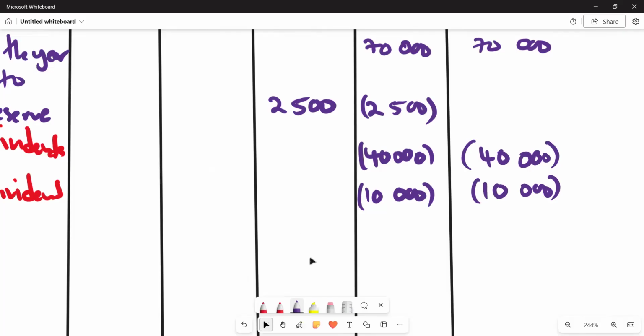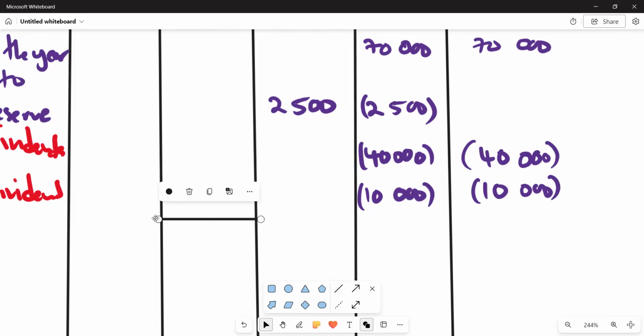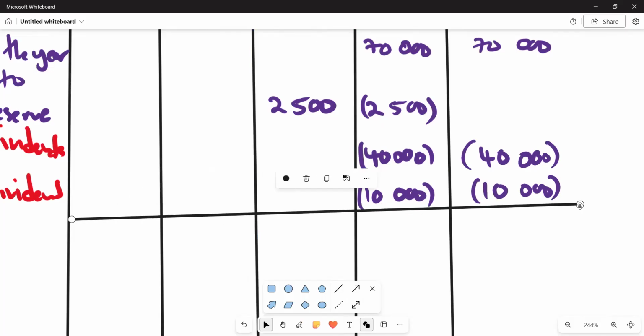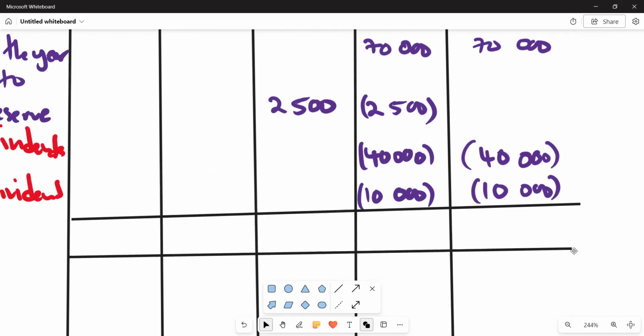So this is the last part of our table of changes in equity. Then we can as well try to calculate in terms of the totals. Right.